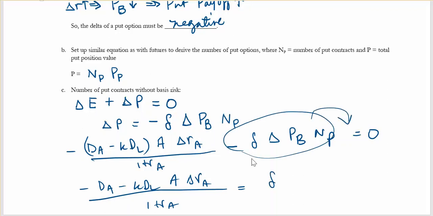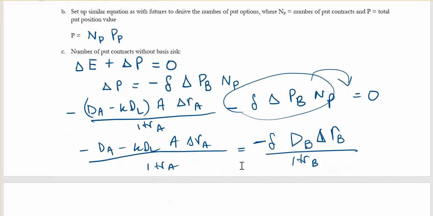I'm going to plug in the value of the change in the bonds. So first of all, we have to have the negative sign there. And I'm going to put dB as the duration of the underlying bonds of the put contract. Right, so where B is the value of the bonds of the underlying put contract.